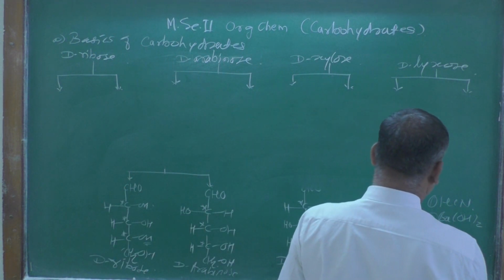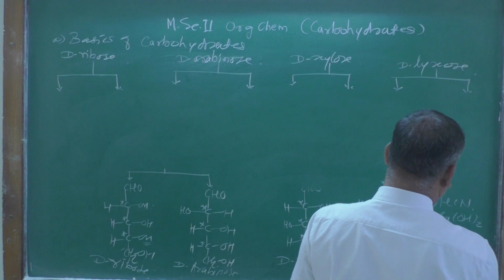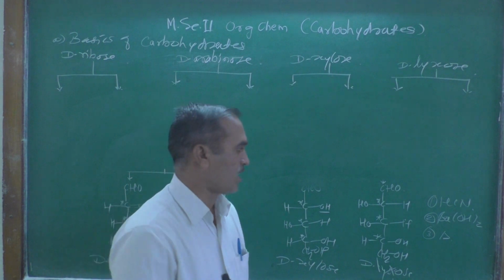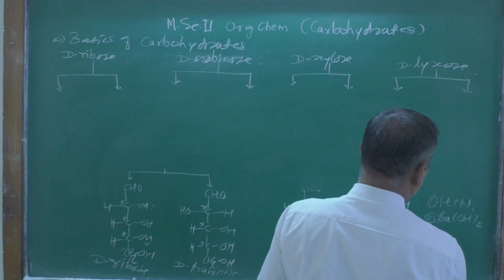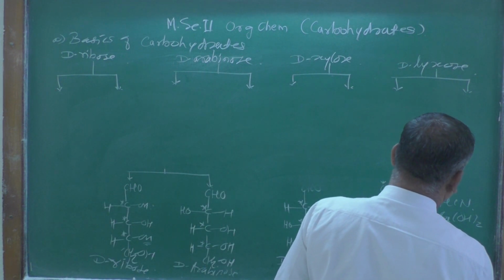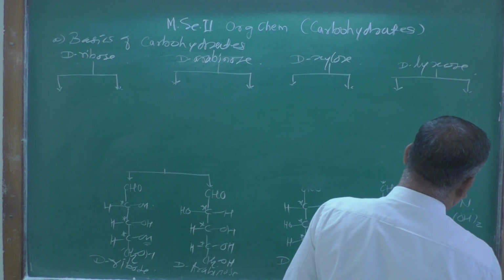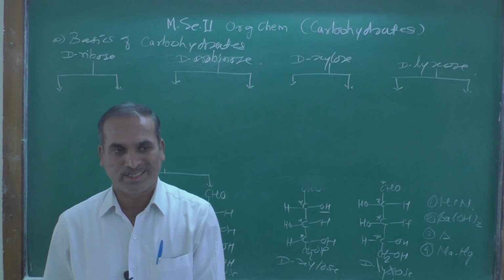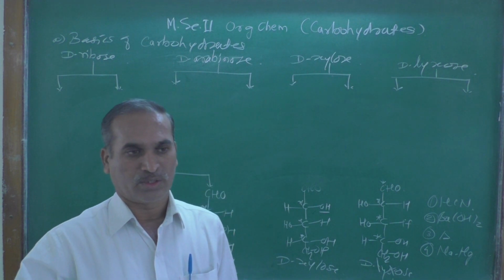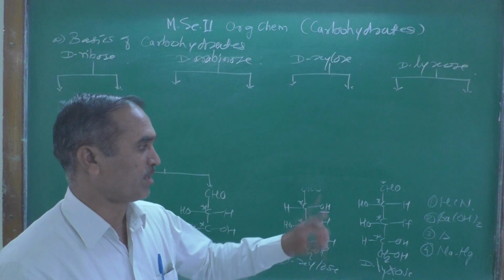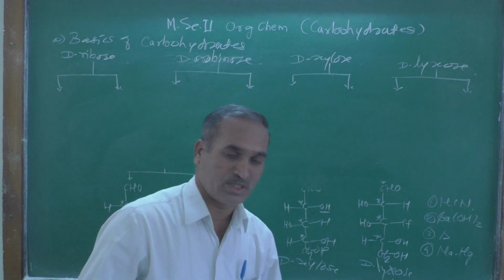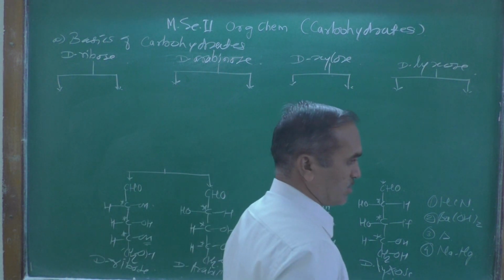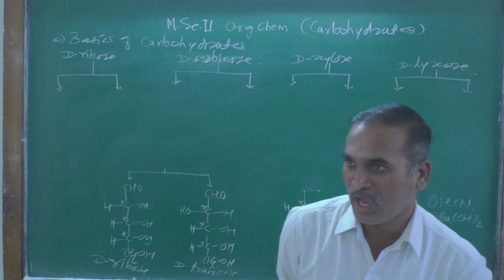When the acid and the primary alcohol come together just by heating, the resulting compound obtained is called a lactone. And the fourth step, we are reducing that lactone derivative with sodium amalgam, which gives the aldehyde group back with 1 carbon atom increase. So this is called a step up reaction. Kiliani-Fischer synthesis is also known as a step up reaction.